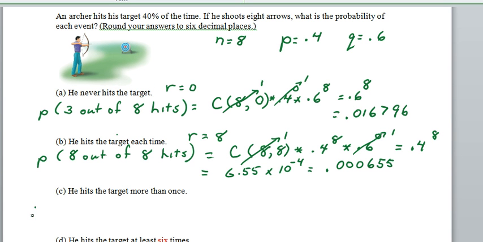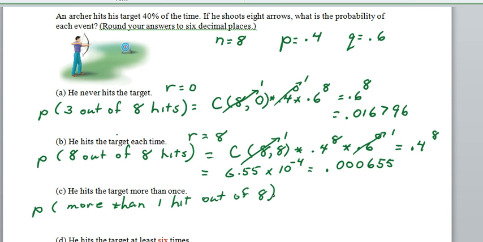Now the probability of hitting the target more than once, so more than 1 hit out of 8.